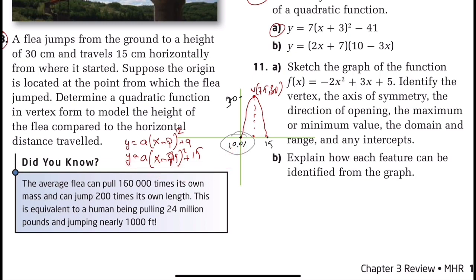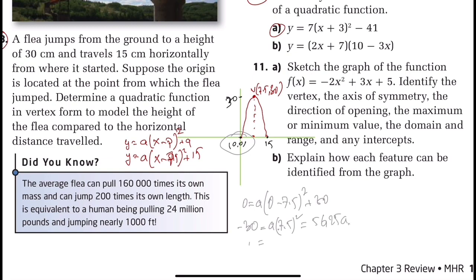My equation will be 0 = a(0 - 7.5)² + 30, so I subtract 30 from both sides: -30 = a times 7.5², which is 56.25a.